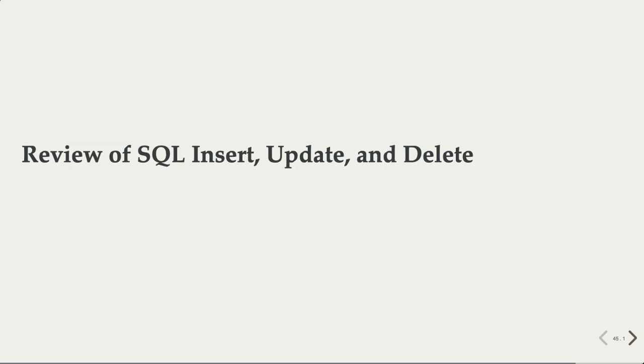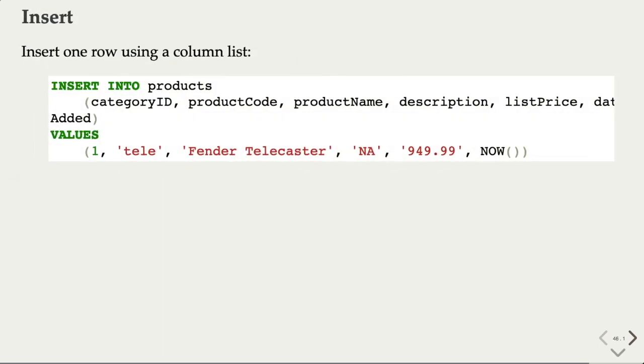Now, let's also take a look at some of the other aspects we touched on, but I want to say a few words about the insert, update, and delete statements in SQL. We know that to insert one row, or one record, we can use the insert into statement.